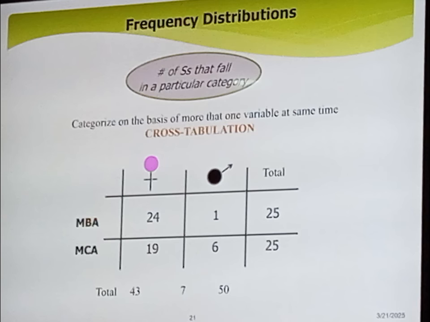So here the frequency distribution, the first one is about the descriptive statistic, that is how many students are there, male, female, percentage, if you want to explain, or SME companies, or small scale industries.